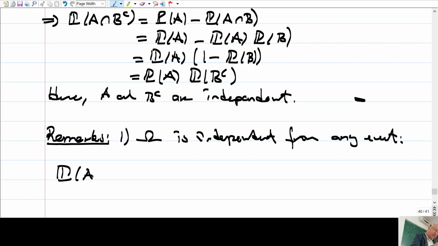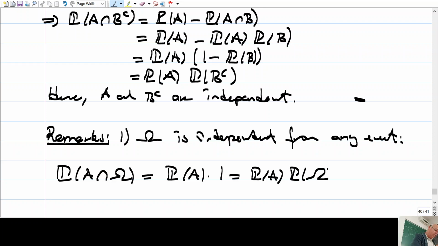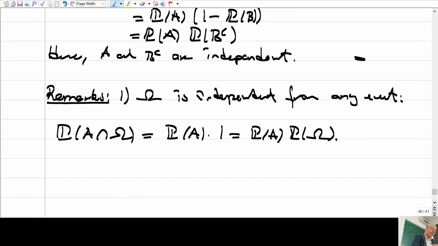Because, what is this probability? Well, this is just PA, but this is just PA times 1 actually. And this is PA times P omega. Therefore, this intersection is the product of these two probabilities. Therefore, A and omega are independent.